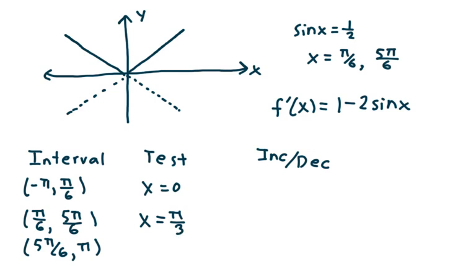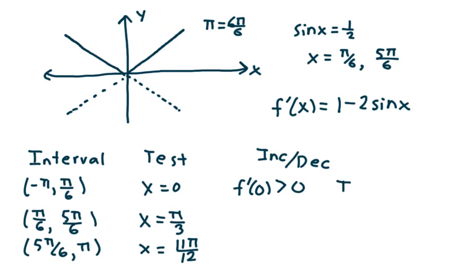And then from 5 pi over 6 to pi, think of pi as 6 pi over 6. And the easiest way to go is to go in the middle. So we can try 11 pi over 12. Now, f prime of 0, what I care about is that that's positive because sine of 0 is 0.